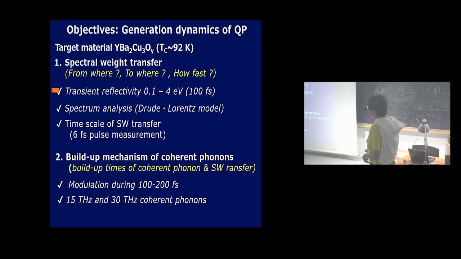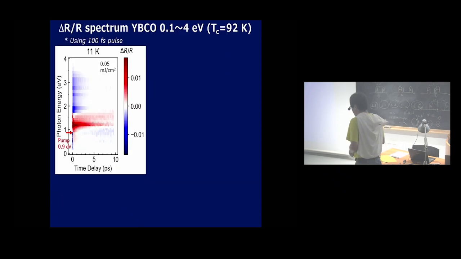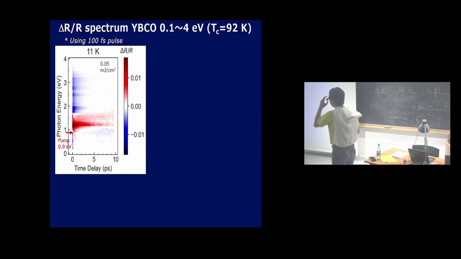And the second is to measure the build-up dynamics of the coherent phonon to discuss the origin of the spectral weight transfer. Okay, the first result is the transient reflectivity measured using conventional 100 femtosecond light pulses.